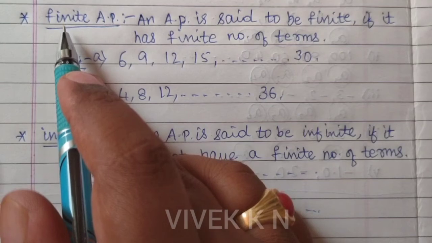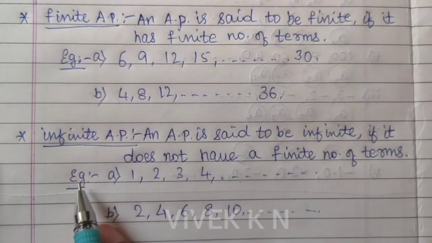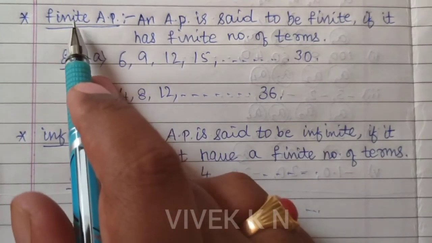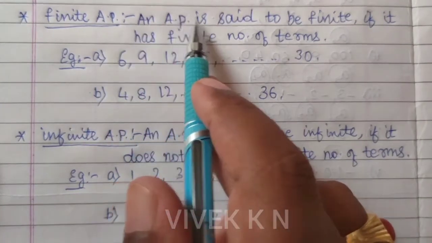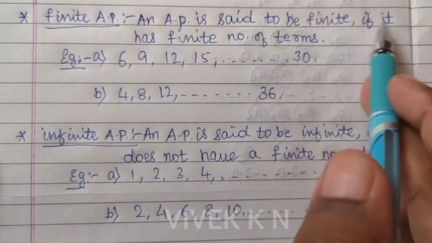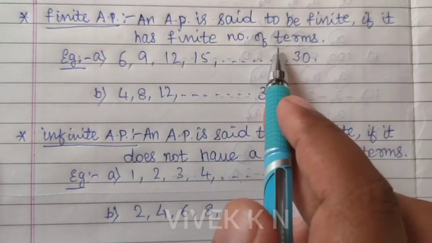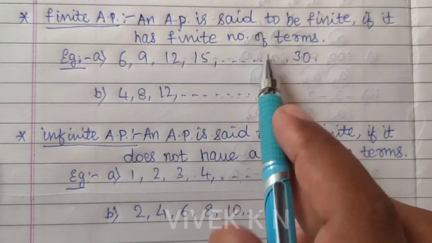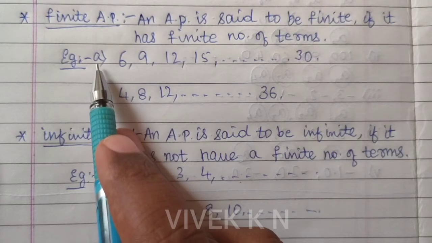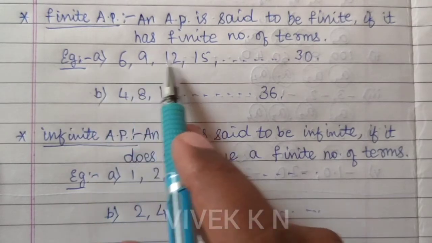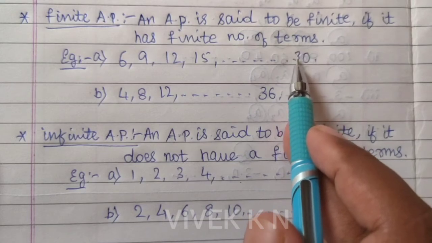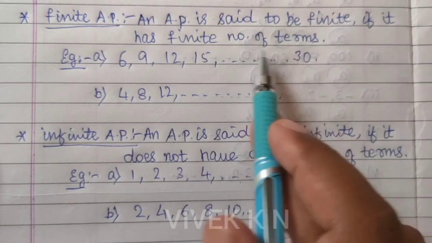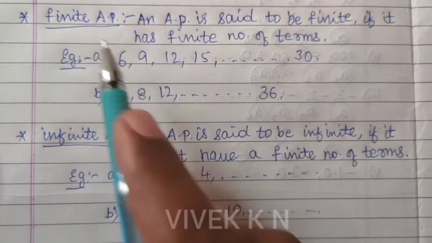Next, let's move on to finite AP and infinite AP. A finite AP is an AP that has a finite number of terms. For example, in this problem, it has a last number. If it has a last number, then this AP is said to be a finite AP.